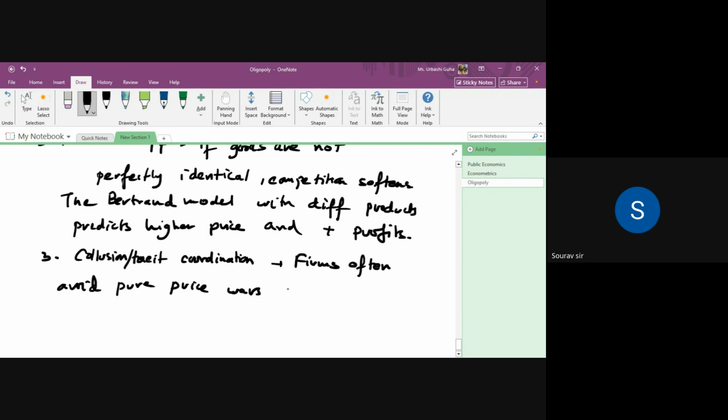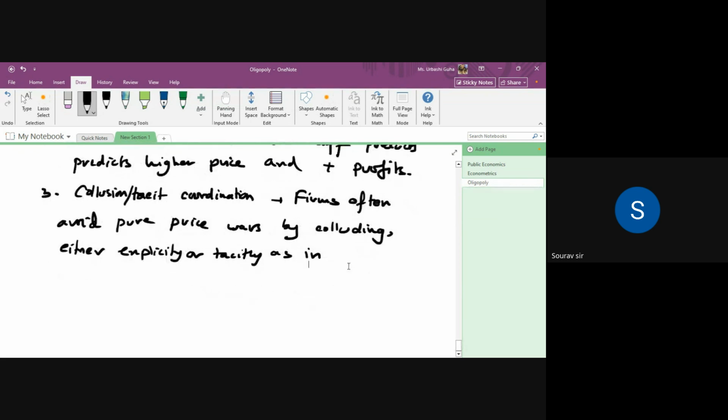So by colluding, that also is there, either explicitly or tacitly. Okay, different types of model are there. Let's see how much we can finish. As in that we will be doing Chamberlain's model.